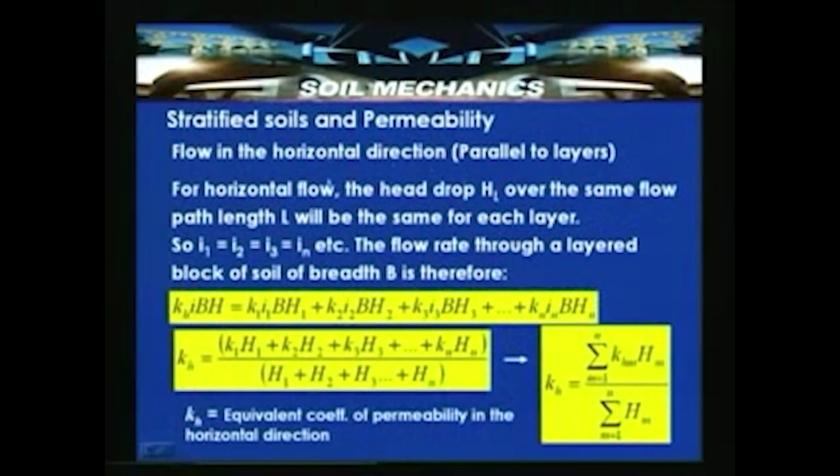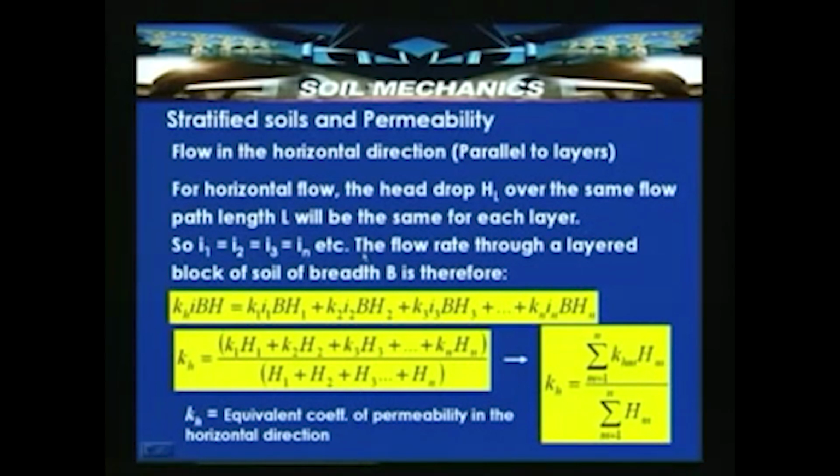So, let us look into how the flow in the horizontal direction, parallel to layers, can be obtained. For horizontal flow, the head drop HL over the same flow path length L will be the same for each layer.